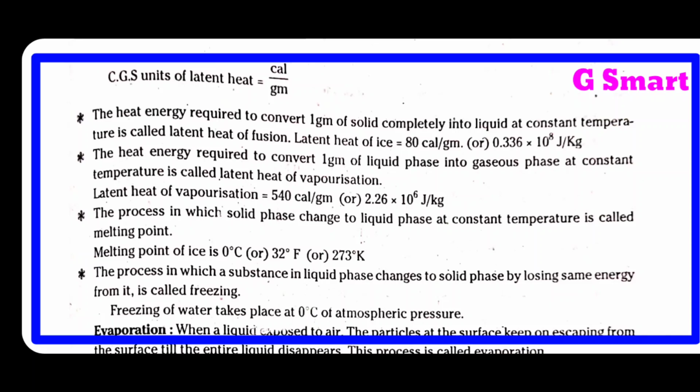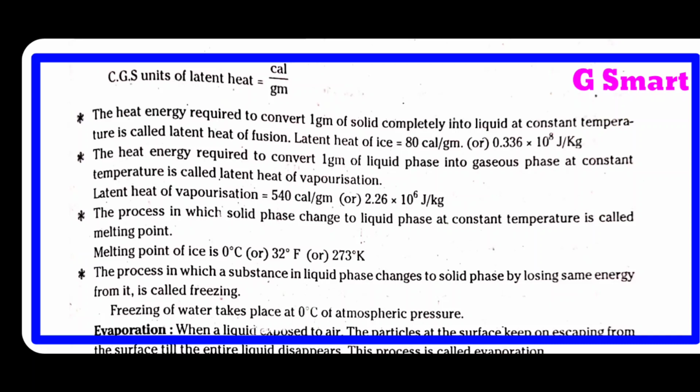The heat is completely used to convert its state. So that's why we call it latent heat of fusion. Latent heat of ice is equal to 80 calories per gram or 0.336 into 10 power 8 joule per kilogram.